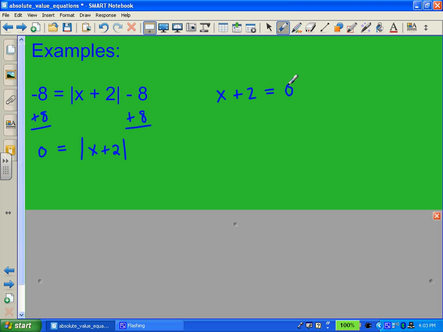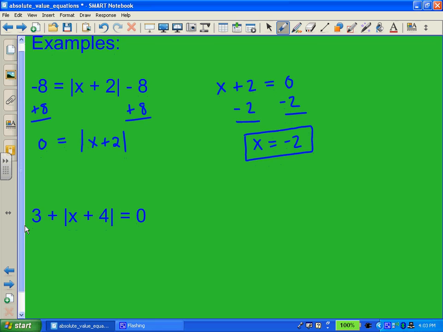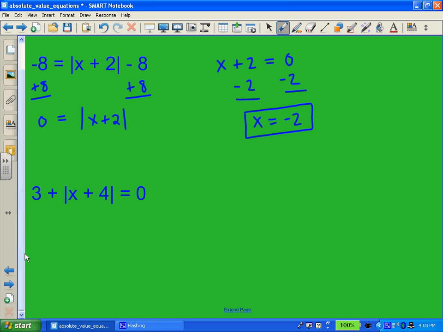But like I said before, I can't really have positive 0 and negative 0. It's no such thing. So I really only have one case. So if I solve this, I figure out that my one solution here is negative 2. Okay, so if we ended up with an absolute value equal to 0, like we did in this example, there's only going to be one solution.